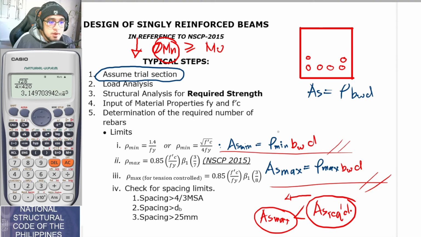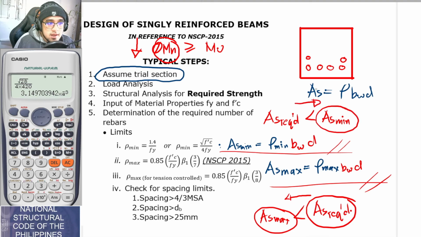But if you would be using, let's say, As min in this case, so for example, that the As required is less than As minimum, it is okay that we will be using As minimum already, because we round up, we increase it, and thus we will now be increasing the strength of our section. So we would be having a little bit of factor of safety here.